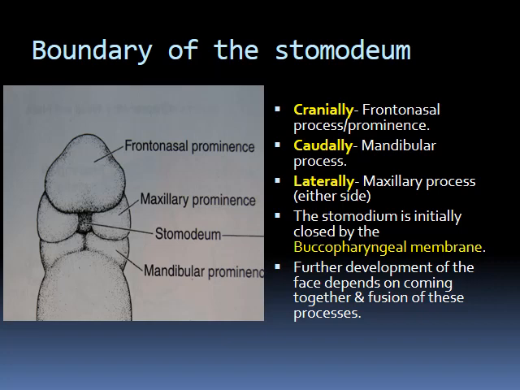Further development of the face will depend on coming together and fusion of all these processes. So with development, all these processes will fuse with one another, which will ultimately lead to the formation of the face of the embryo.